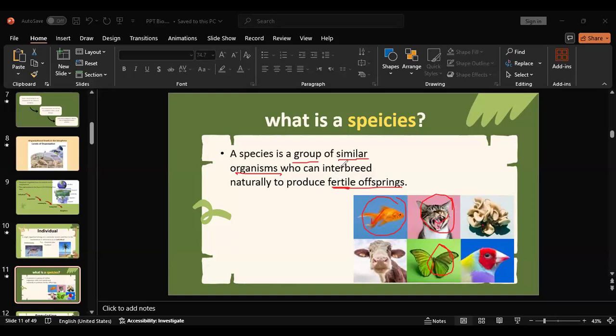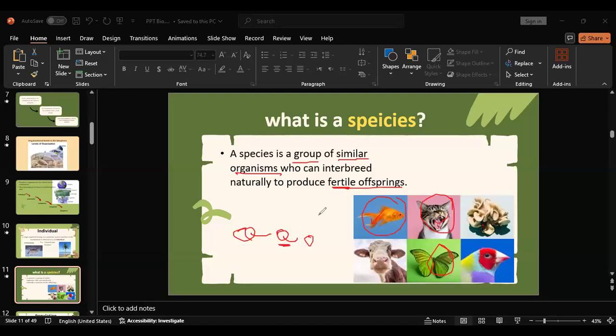Fertile means if one generation is produced, for example, a fish reproduces another fish, this generation also should have the ability to reproduce the new generation.